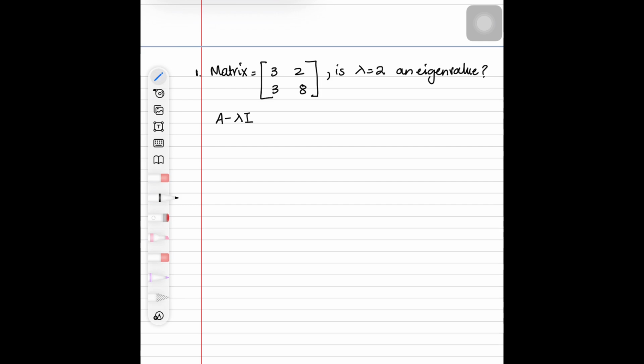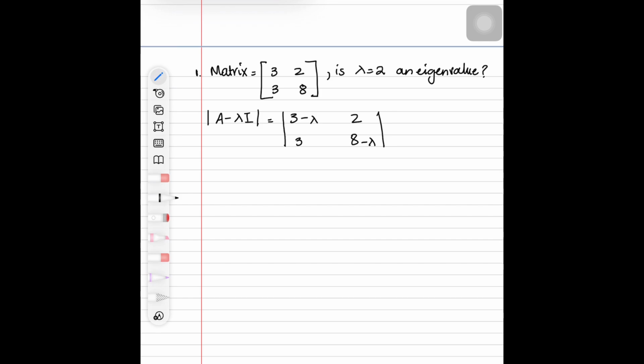So we can take the determinant of this in order to get the eigenvalues for this matrix. So this would basically be the determinant of 3 minus lambda, 2, 3, and 8 minus lambda.